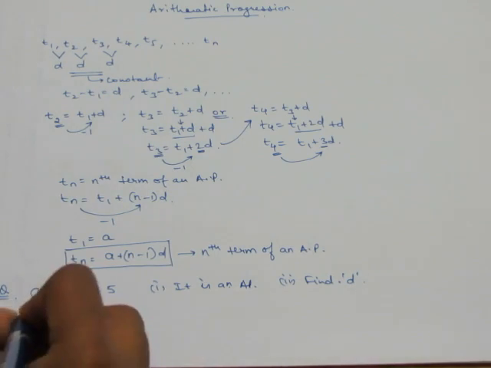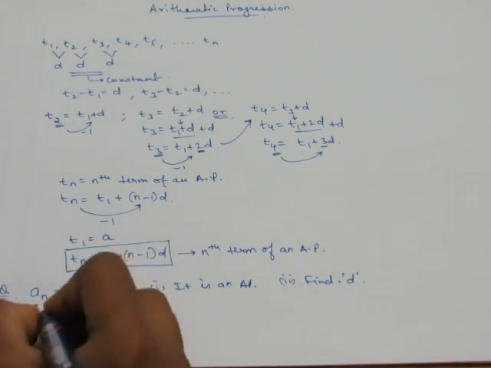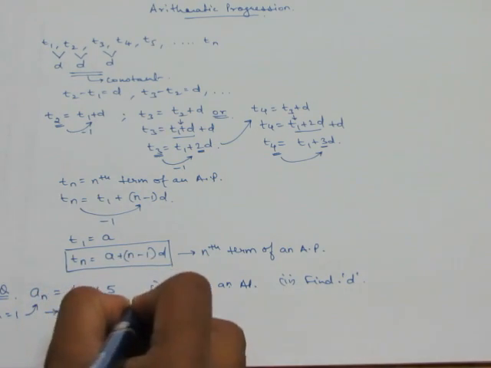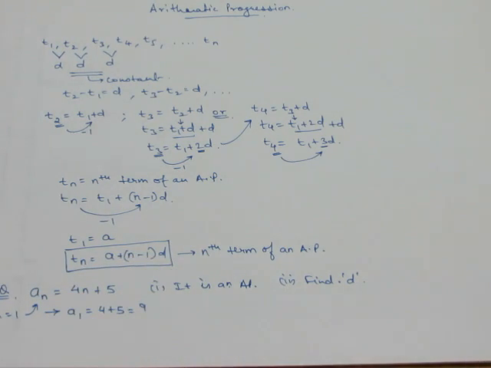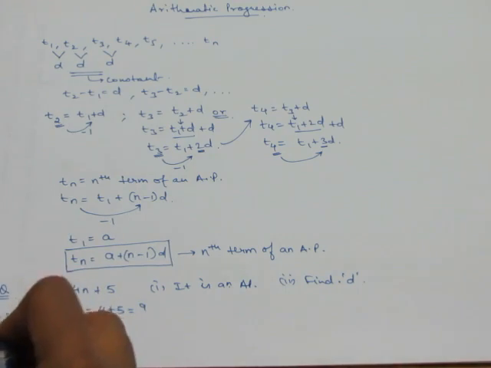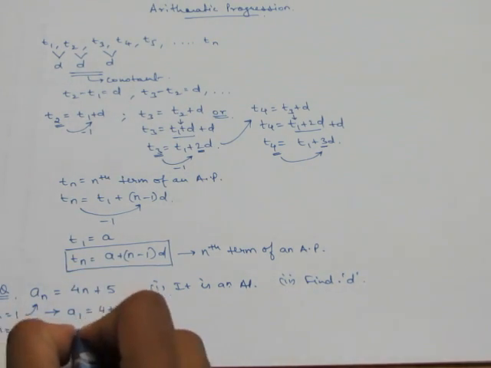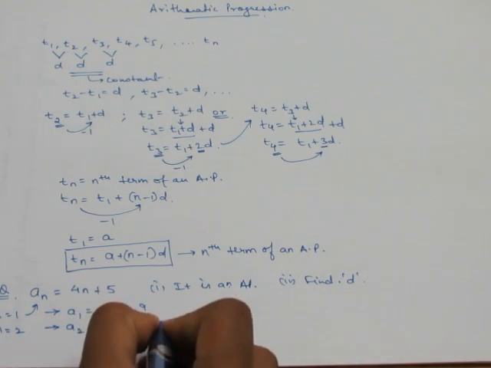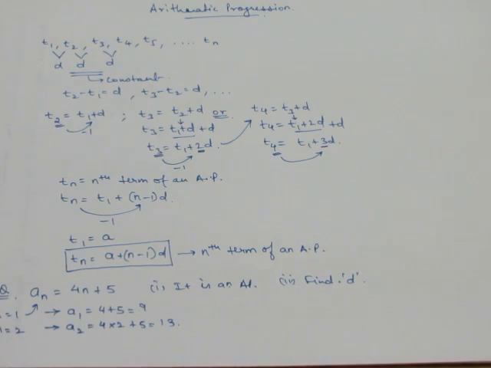Putting n equals 1 in an, what do I get? A1 is equal to 4 plus 5, which is 9. N equal to 2 will give me A2, 4 into 2 plus 5, which will give me 13.